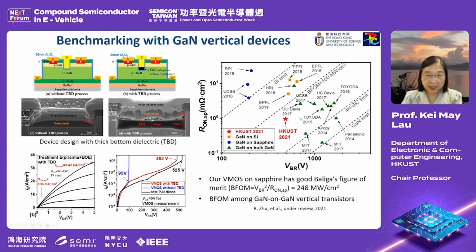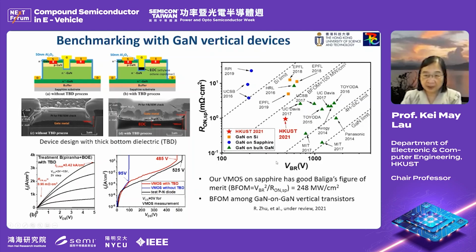And so we have done a benchmarking of these devices and compared with our device in terms of the RR, the low RR, and then the breakdown voltage. It is comparable with the devices that are on silicon carbide, and it's the best among those that are on silicon.